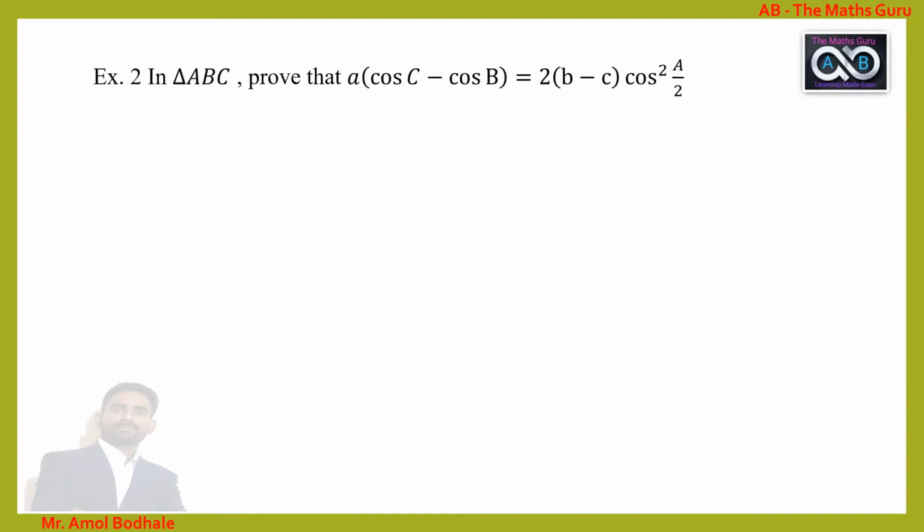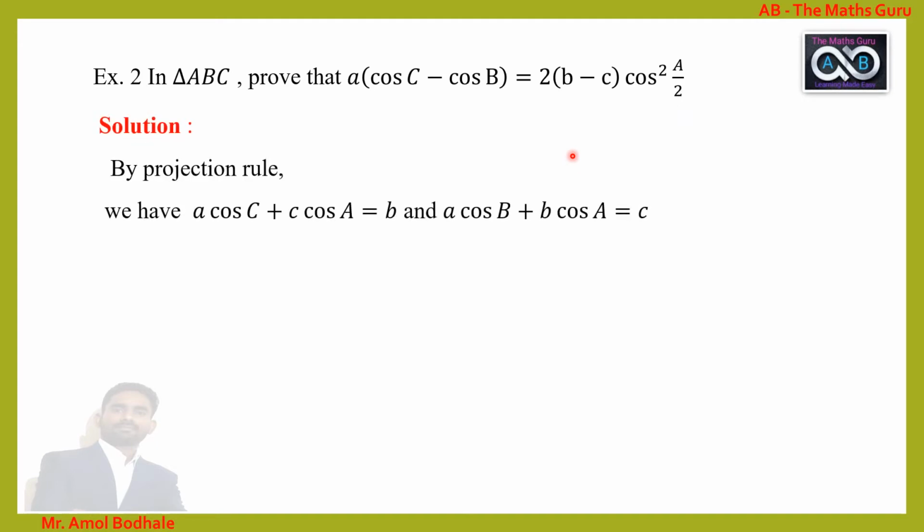Let's see the second example. In triangle ABC, prove that a times (cos C minus cos B) equal to 2 times (b minus c) cos square of A by 2. Now here by projection rule, we have a cos C plus c cos A equal to b, and a cos B plus b cos A equal to c.